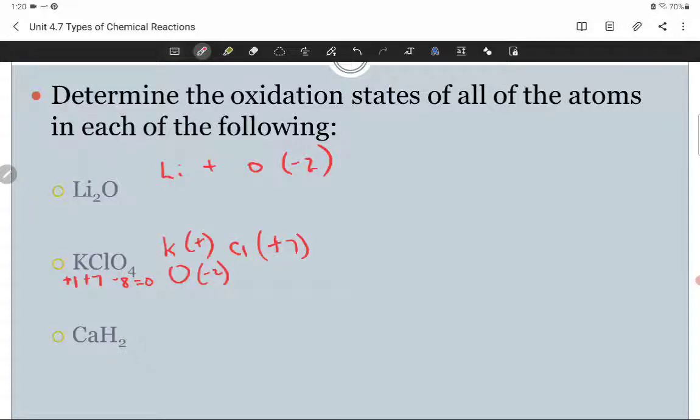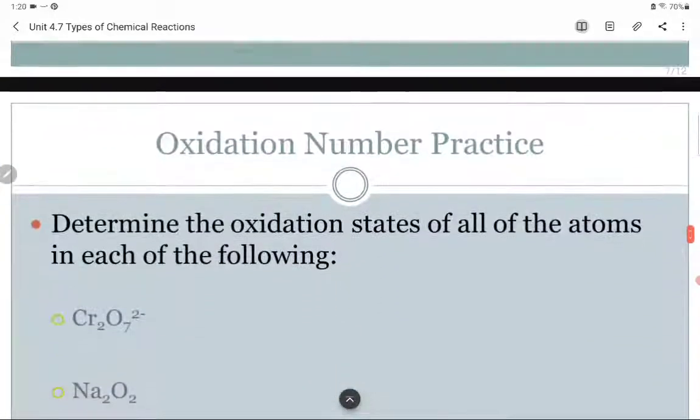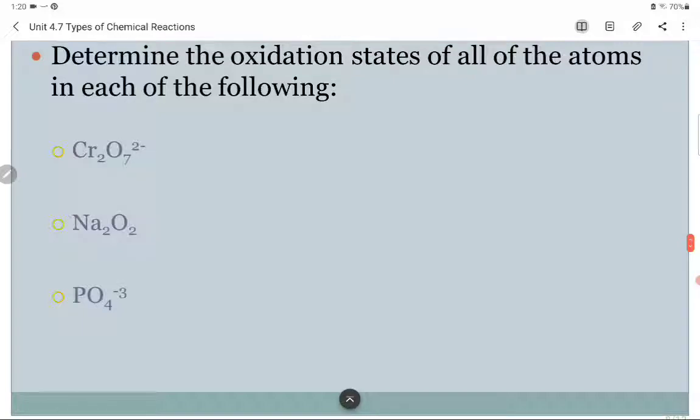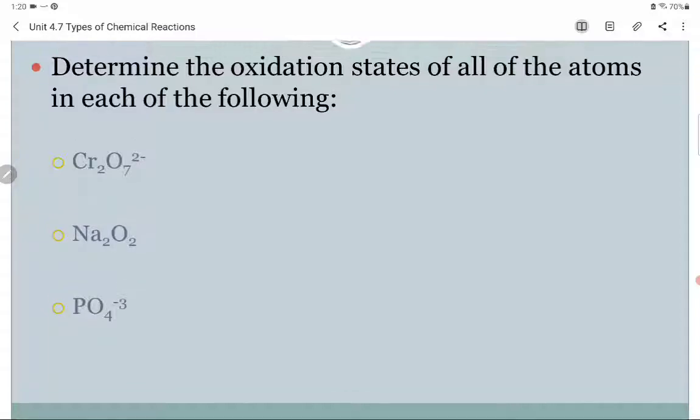Calcium hydride. Calcium has a +2. And the hydride, each hydride has a -1. Okay, so now we have polyatomic ions. Well, we don't have a rule for chromium. Nowhere, no how do we have a rule for chromium. But if you go series down, we get to a rule for oxygen.